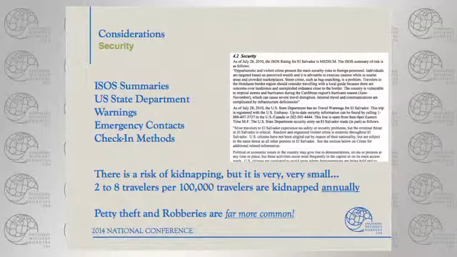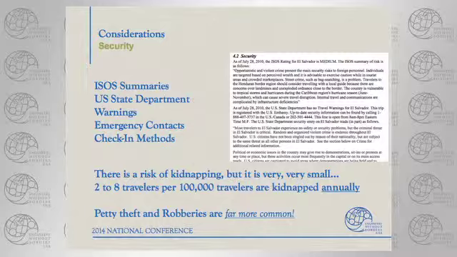Emergency contacts, check-in methods. Here's a statistic that I found pretty interesting. There's a risk of kidnapping, but it's very, very small, maybe 0.08% or so of people are actually kidnapped. A lot of people out there aren't really there to cause harm.